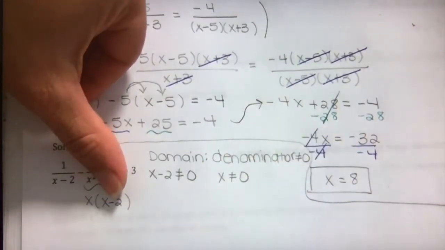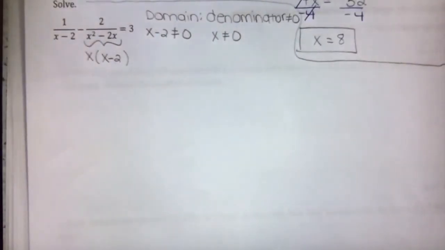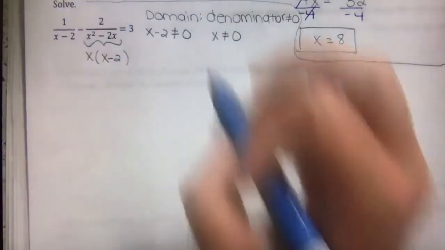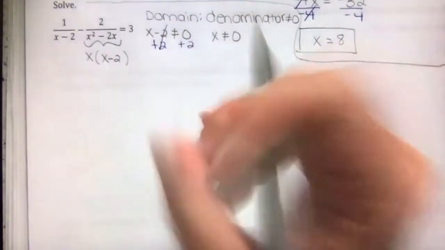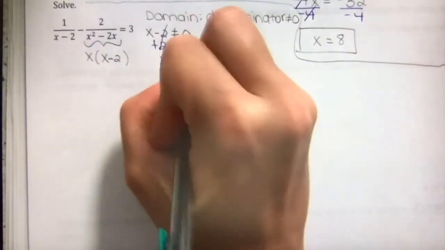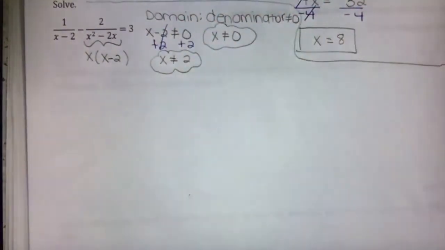Then we have x - 2, which already cannot equal 0, so I don't have to do it twice. Solving each one separately, we get x cannot equal positive 2, and x cannot equal 0.